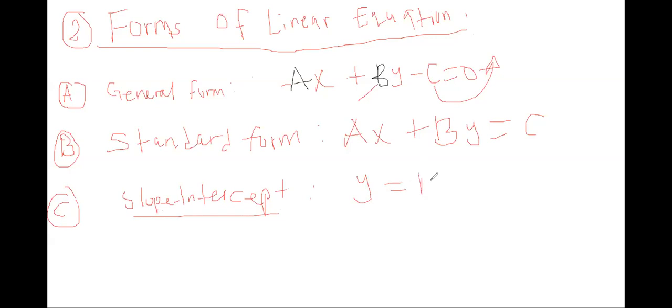We have y equals mx plus b. So y here is made the subject of the formula. For general form and standard form, you cannot say y equals this or x equals this. But for slope intercept form, we express y in terms of x and other parameters. So in most applications, especially demand and supply, we use this.